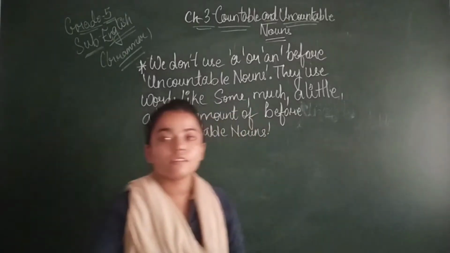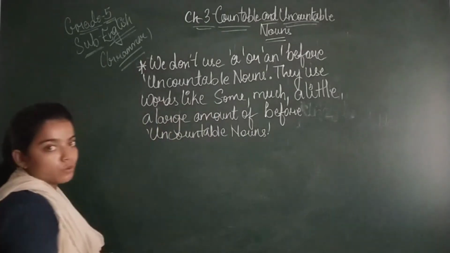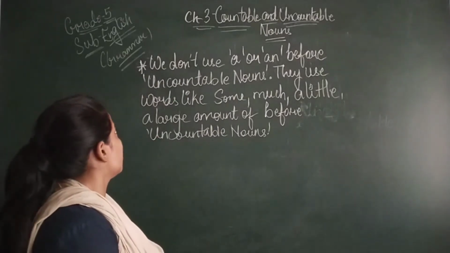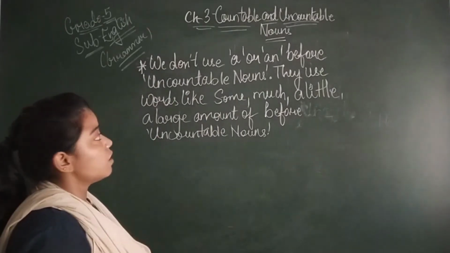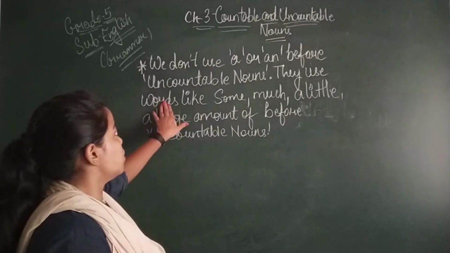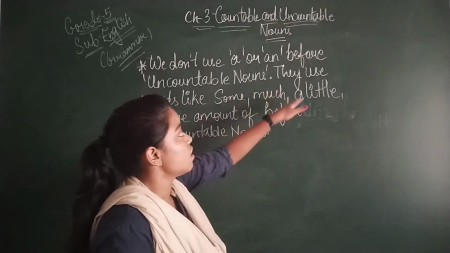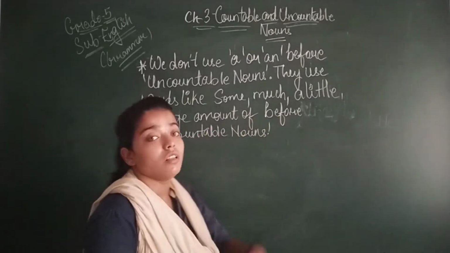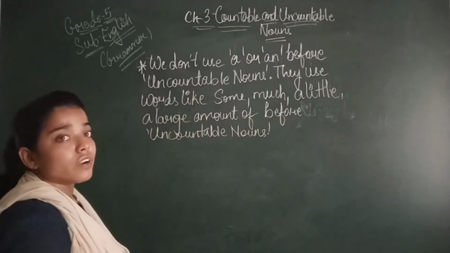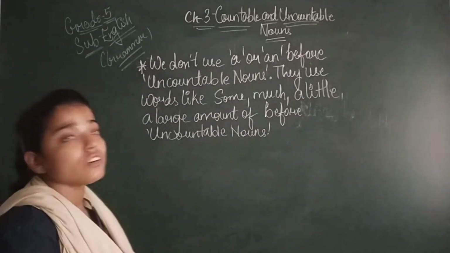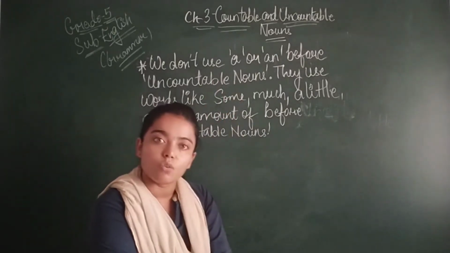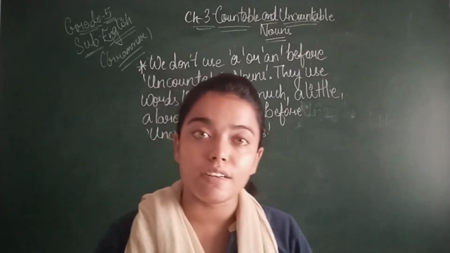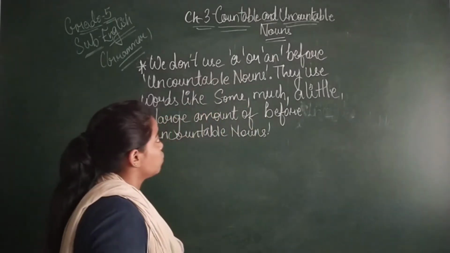Some important note I want to inform you: we don't use a or an before uncountable nouns. They use words like some, much, a little, a large amount of before uncountable nouns. So here what they are trying to say is that we do not use a or an before the uncountable nouns. जो हम गिन नहीं सकते उसके आगे हम a और an आर्टिकल्स यूज नहीं करते हैं अनकाउंटेबल नाउन्स में.